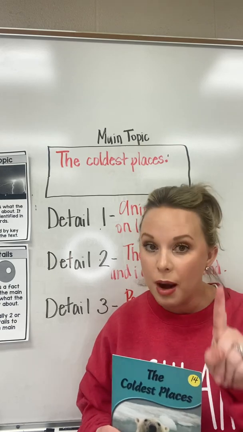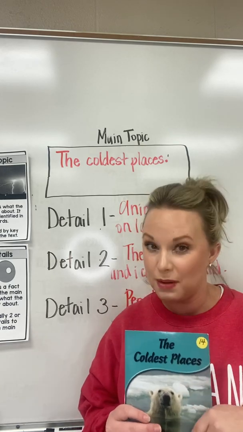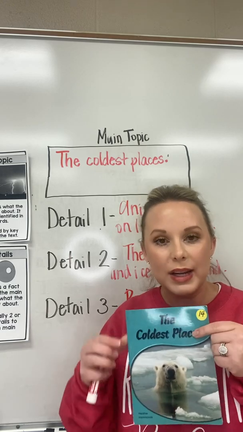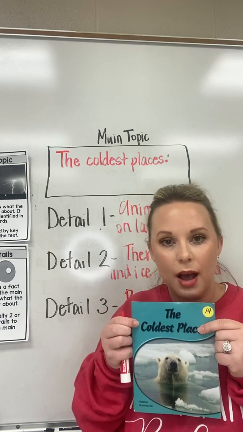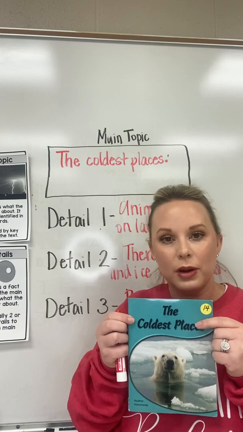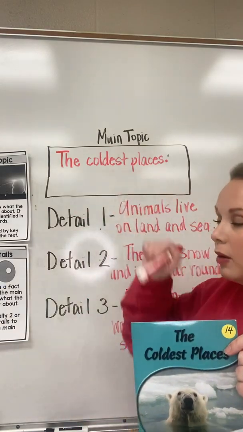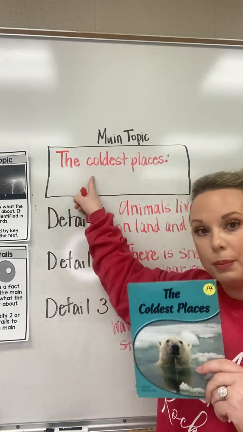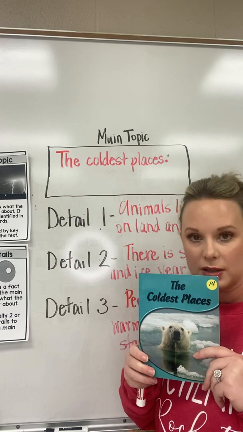We know that our number one clue about what the main topic is going to be is looking at the title. That's going to give you your clue. That's your main topic. In this particular book, the title was The Coldest Places. So my main topic, once I read this, I was able to learn this for sure. The entire book is about the coldest places.